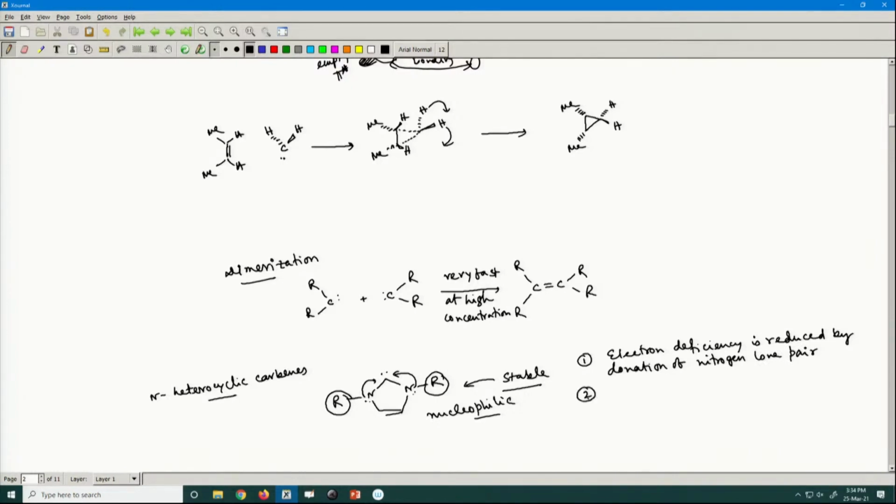Next is that this carbene electron pair is getting stabilized again by the inductive effect of the two electronegative nitrogen atoms. Okay.